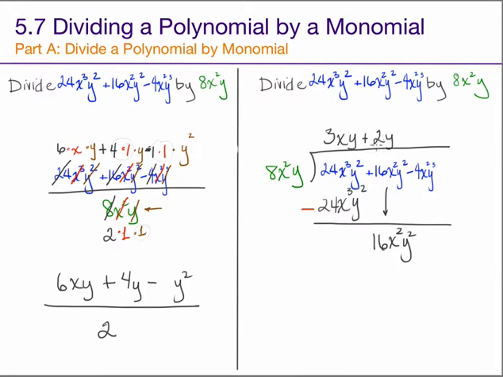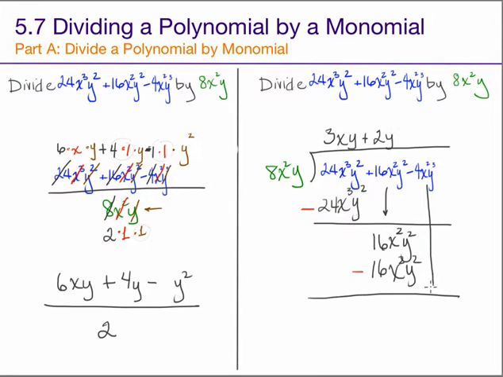Now that I've determined that this is the thing I need to multiply by 8x squared y to get 16x squared y squared, I need to do that multiplication. 2 times 8 is 16. There are no x's here. It's like saying times 1. 1 times x squared is x squared. Y times y is y squared. Change the signs and add. And once again, I get 0.